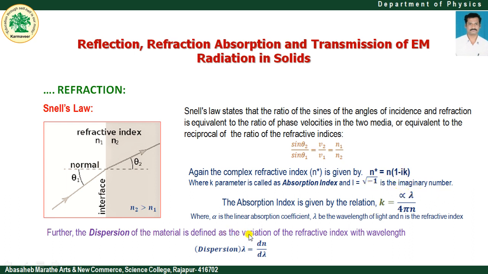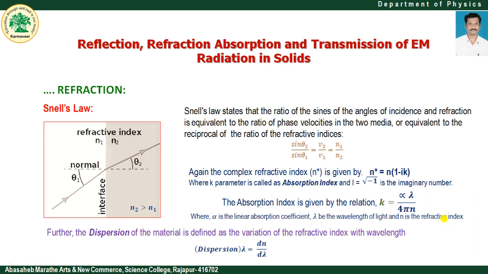The absorption index can be given by the relation k equal to alpha lambda divided by 4 pi n. Here alpha is the linear absorption coefficient, lambda is the wavelength of the light and n is the refractive index.